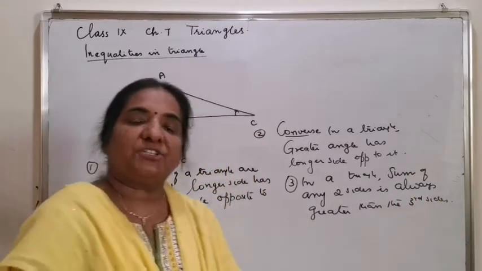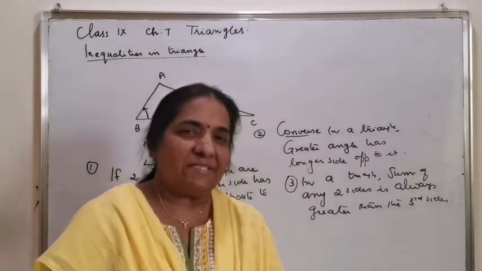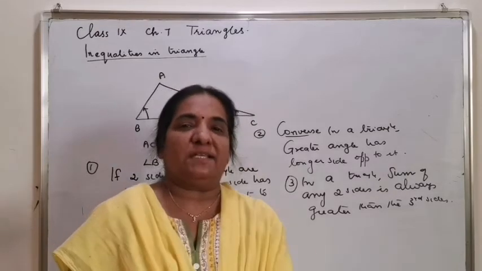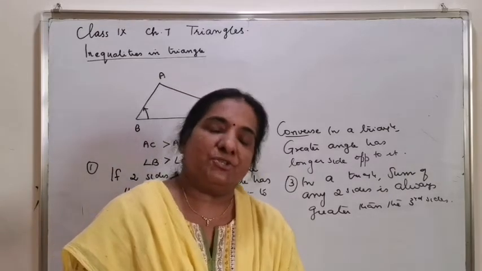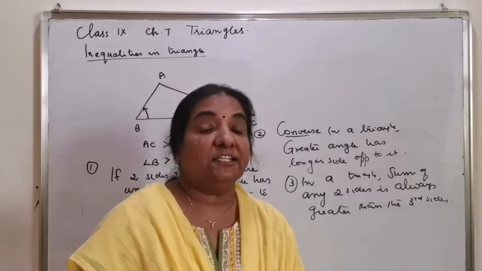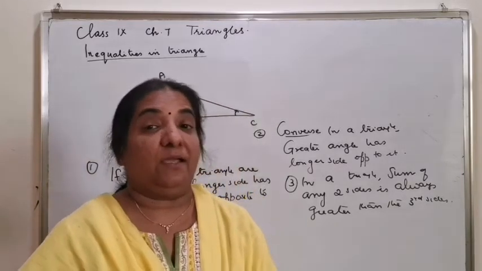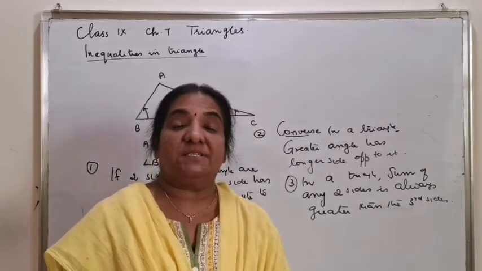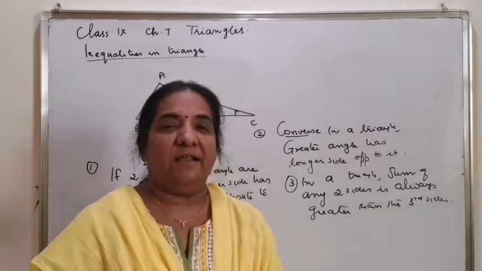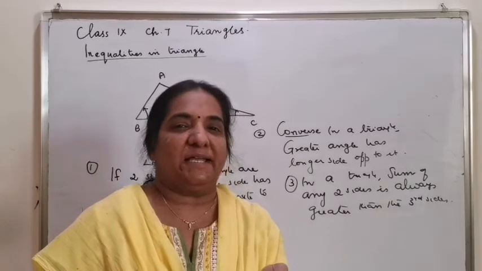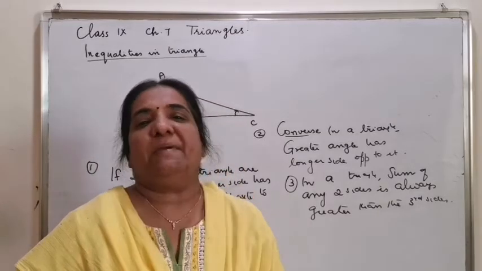While the construction of a triangle itself, it is very visible that the sum of two sides of a triangle should always be greater than the third side. Or in smaller classes, you were checking whether the given measures can be the measure of a triangle if you add any two sides or all the pairs of sides.